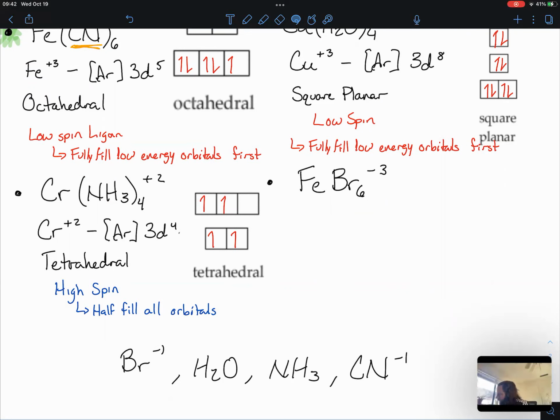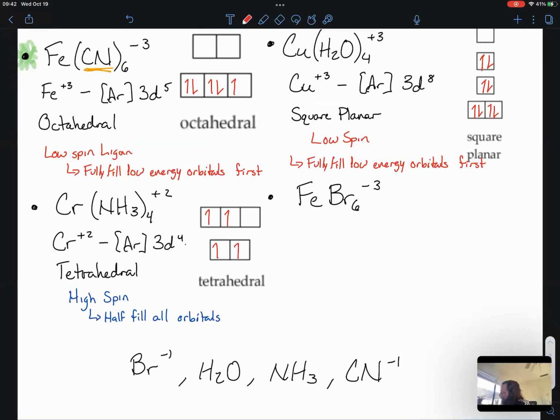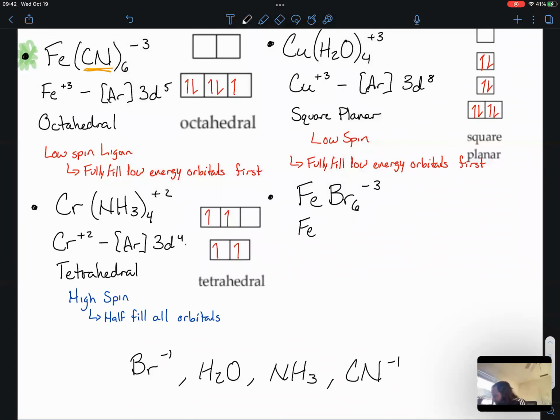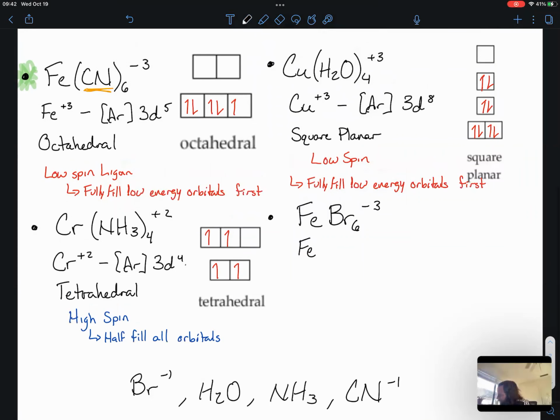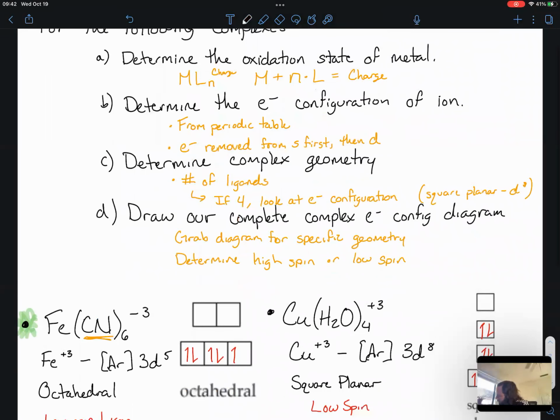All right, and then my last one here, I've got to determine the oxidation state on the iron. Bromo groups have a -1 charge, so I'm going to have to do some math, just like I did in my first example, to figure out what the oxidation state is. I have 6 of them.